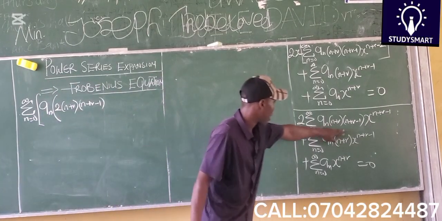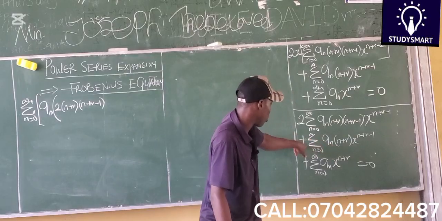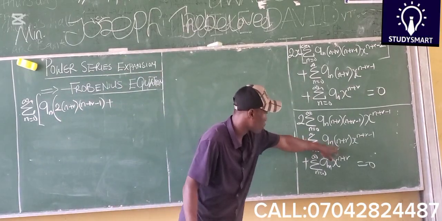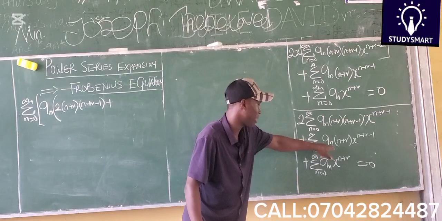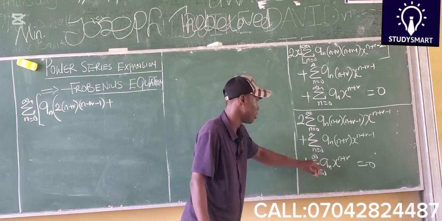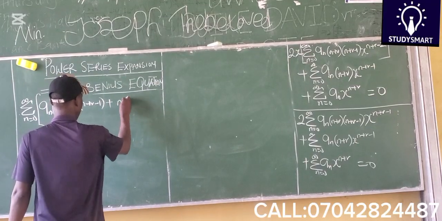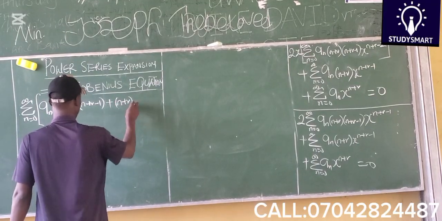And then I also have this, which becomes plus. We factored this out, so we are not going to include it there again. So I have n plus r. This is what I have.